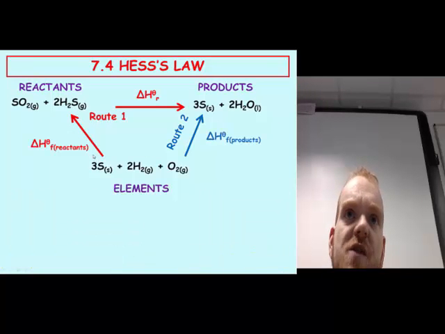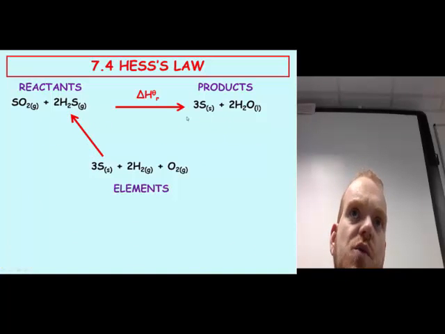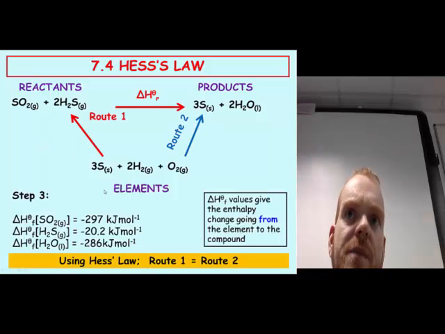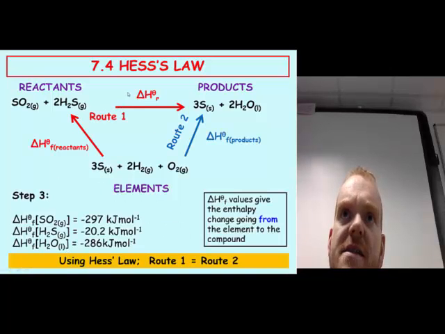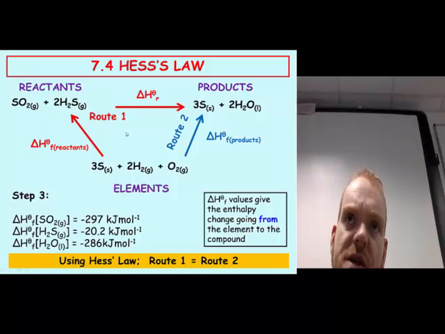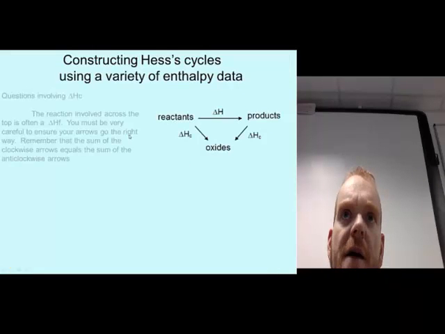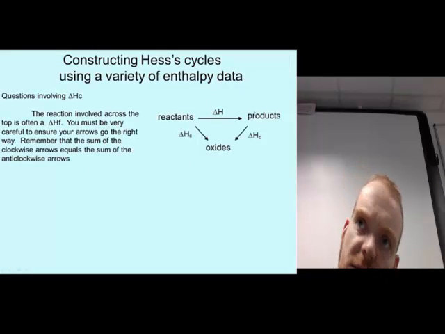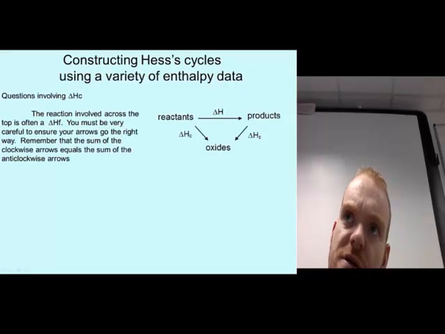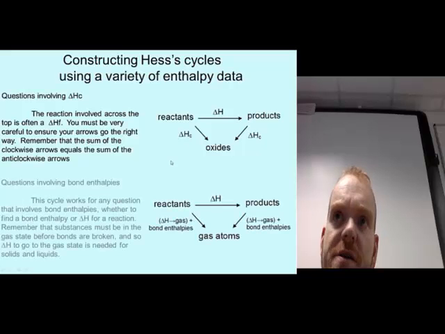For example, in the first one, if we go back, that is my cycle there. The two red arrows are pointing in the same direction, and I can't make a cycle out of delta HR and route 2 because they're pointing in opposite directions. In this one, my delta HR and route 2 are pointing in the same direction, but I can't make a cycle out of delta HC because my arrow is pointing in the opposite direction.